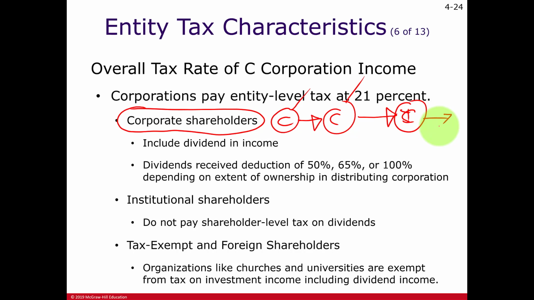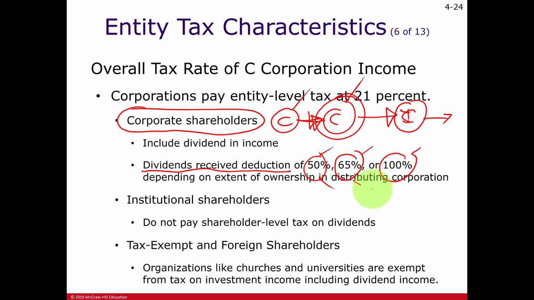But to eliminate that double or triple taxation, this corporation receiving the dividend is going to get a dividend received deduction equal to, at higher rates now for 2018, 50% of the dividend. In other words, you get taxed on half, or here get taxed on 35%, or you don't get taxed at all. Again, this is the deduction you get to subtract out for receiving a dividend from another corporation.